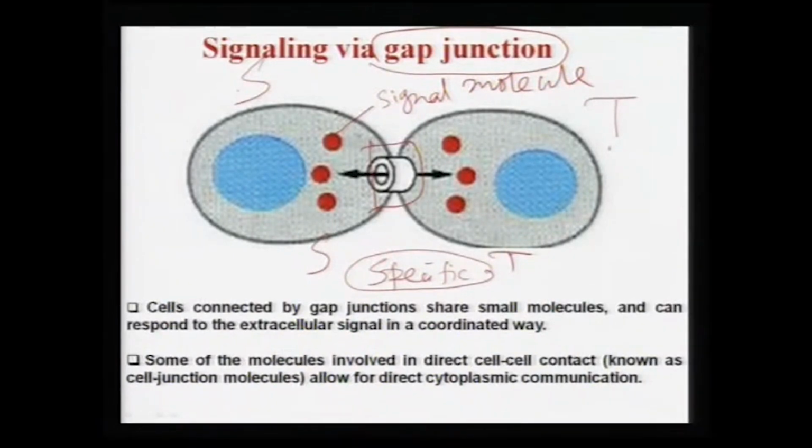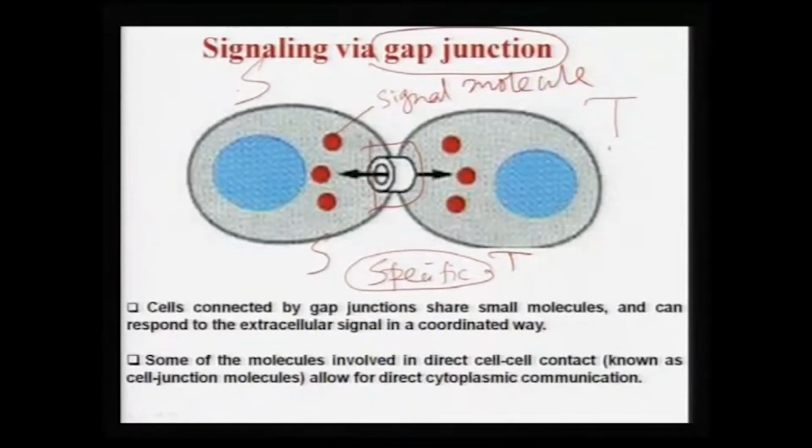Communication through gap junctions only takes place in cell types like endothelial cells, where multiple cells are lined up one after the other. So there is a direct physical contact between the two types of cells. Here two points have been mentioned.